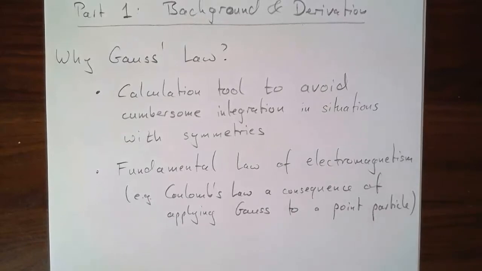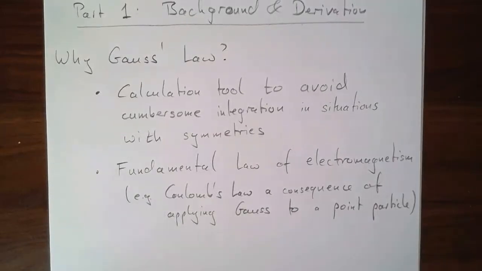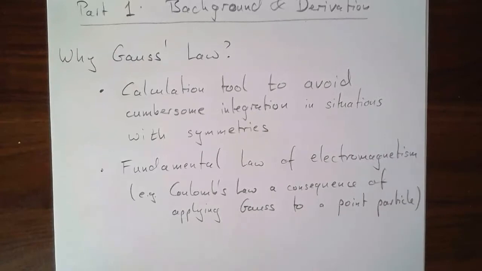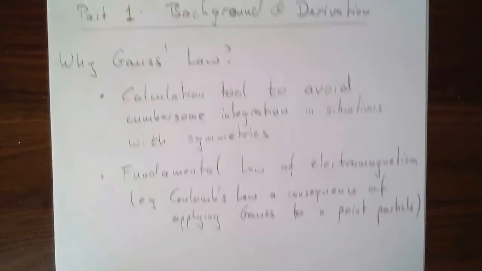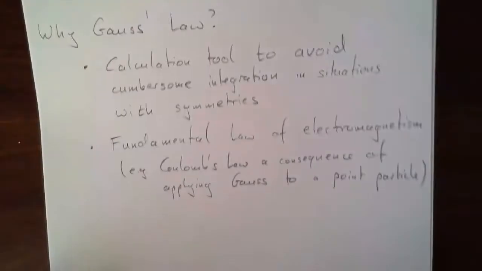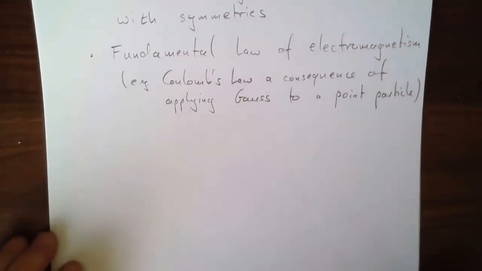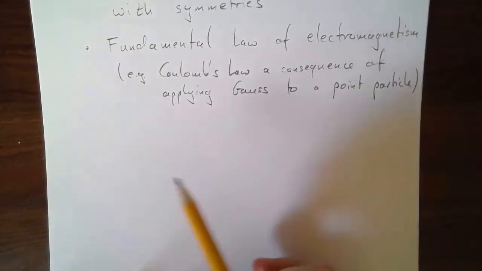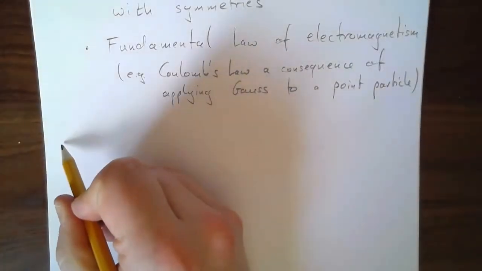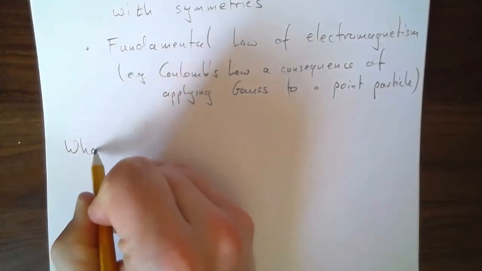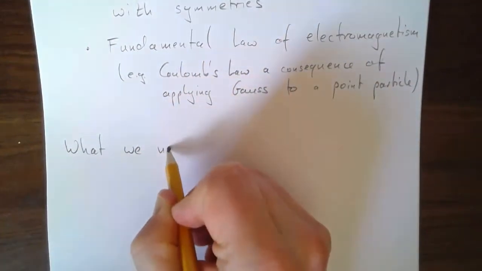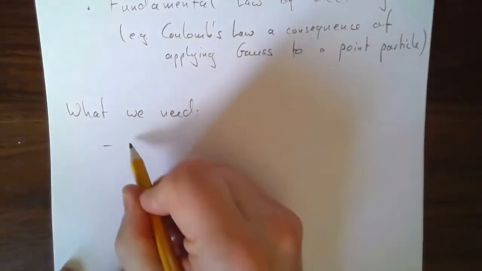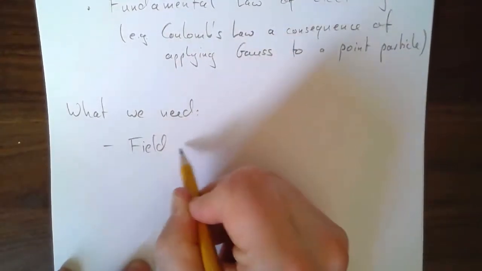Okay, so the first piece of background that we need is the field line representation of the electric field. Now, I hope you've read about it in the book, maybe watched some other videos on it, but just in case you're wondering what we need.